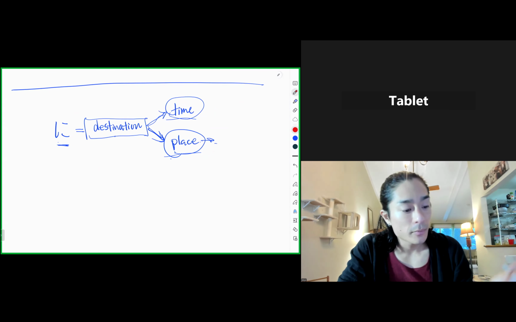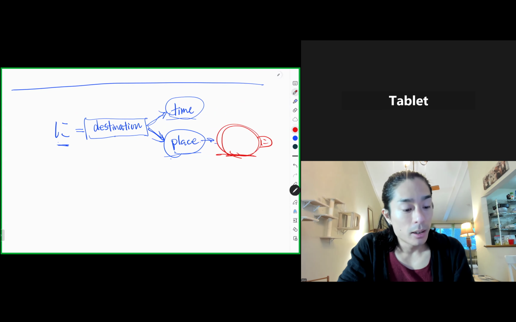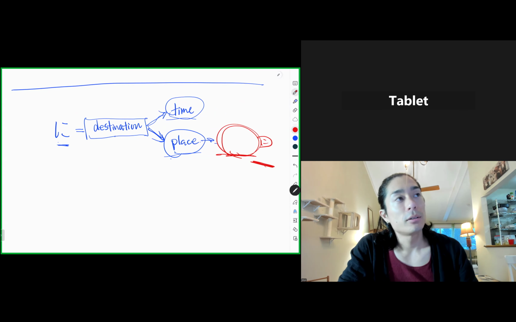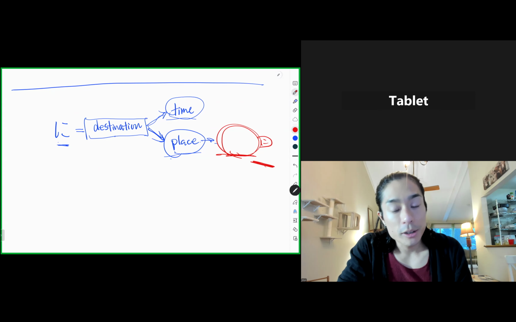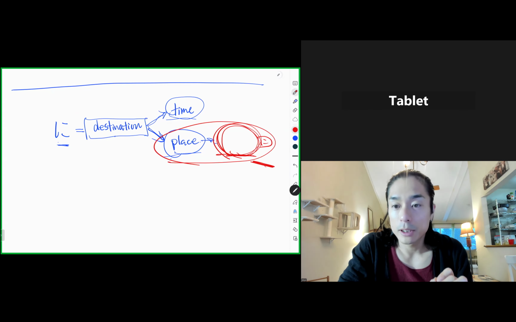So whatever that place is, you just add ni. That way you're telling people, hey, this is the destination of the verb that I used, walk. I walked here. I drove here. Pretty simple. So place destination is really simple.